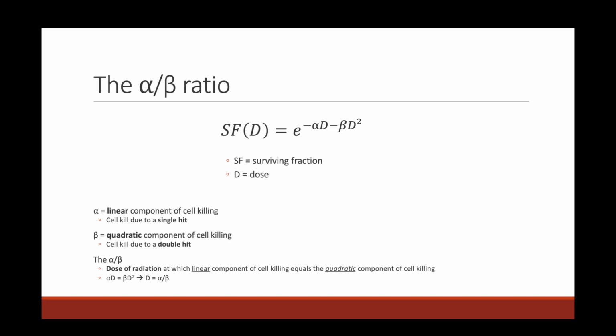But for now, what you should really understand is that alpha-beta ratio gives us a measure of the sensitivity of a particular group of cells to fractionation. So the higher the alpha-beta ratio, the less sensitive they are to the sparing effects of fractionation, which is another way of saying that the higher the alpha-beta ratio, the more sensitive they are to radiation at any dose.